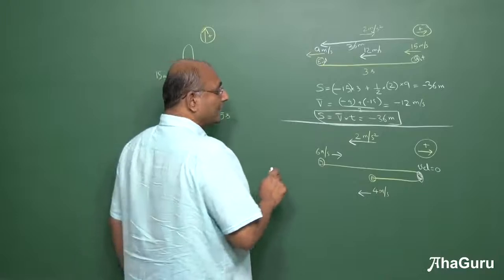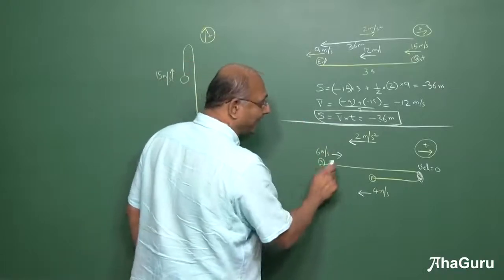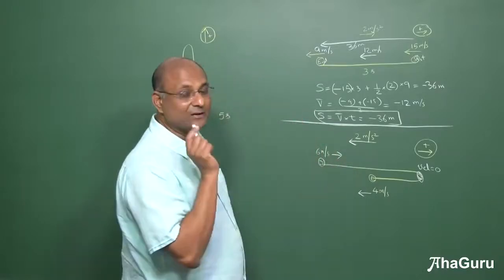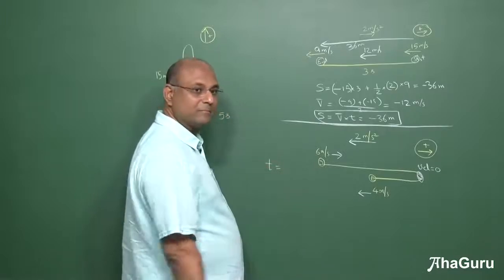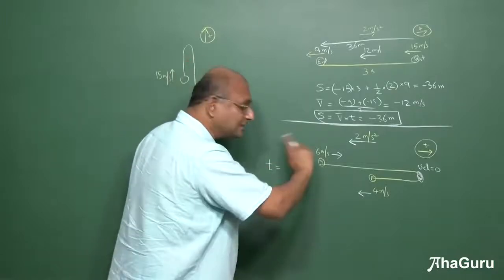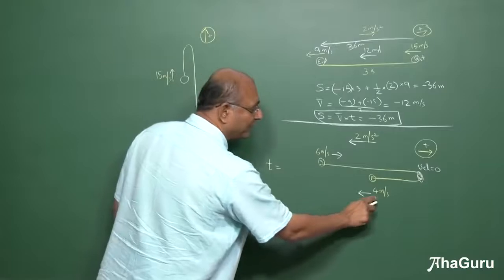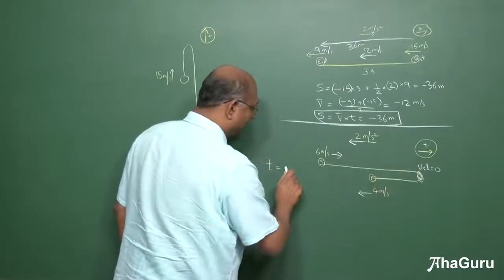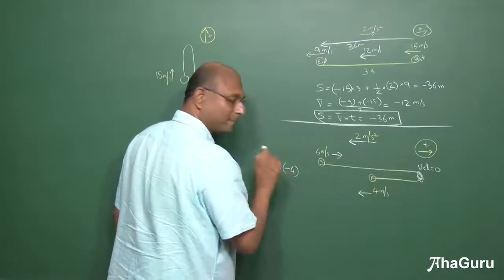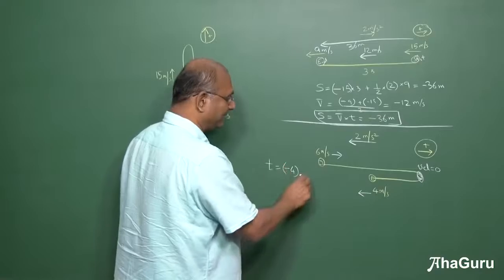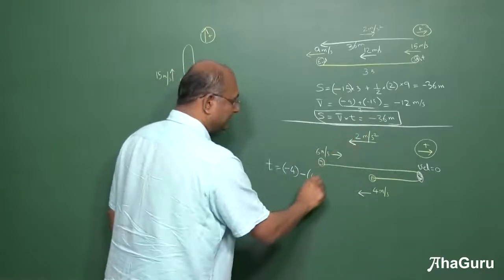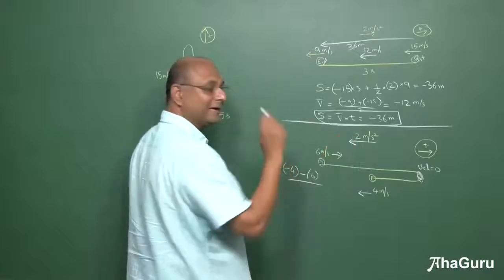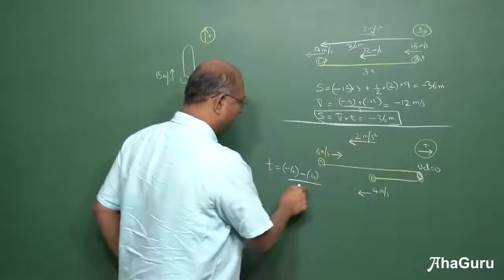Okay. Now let us try to calculate average velocity and let us calculate time. So how will you calculate time? Time is change in velocity. Final velocity, minus 4, minus initial velocity plus 6, by acceleration minus 2.